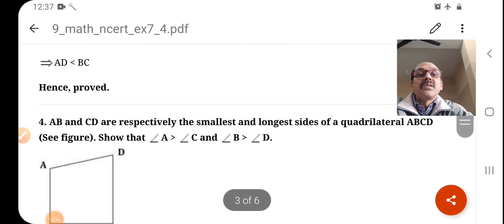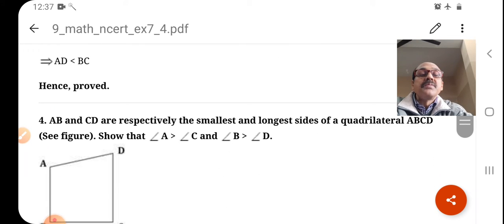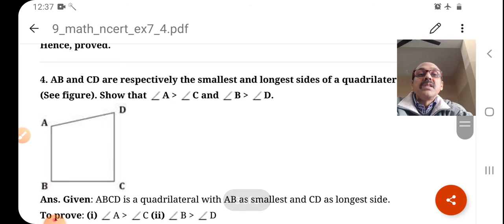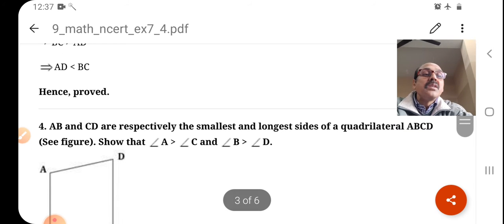Next is question number 4. In this diagram, AB and CD are respectively the smallest and longest sides of quadrilateral ABCD.